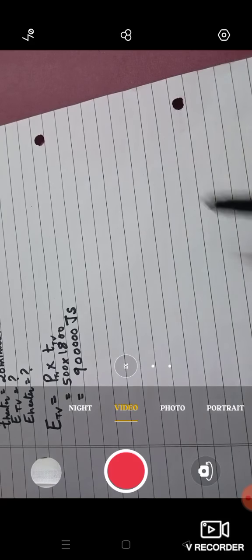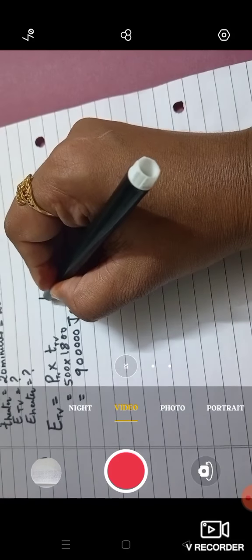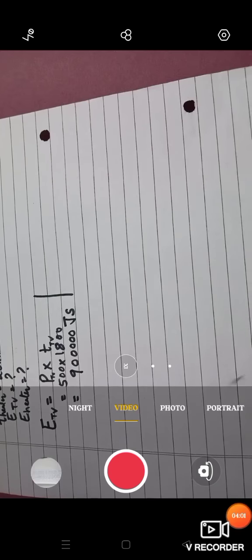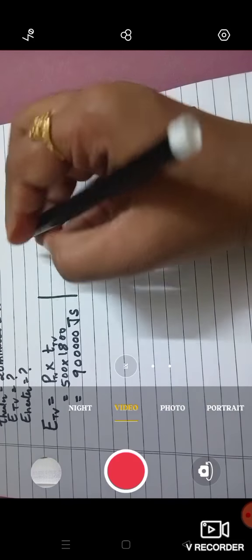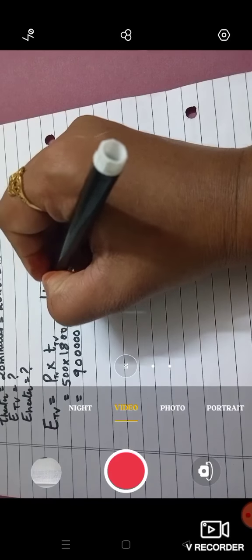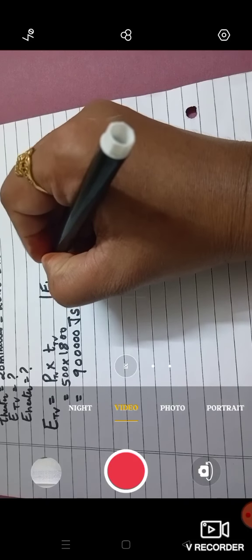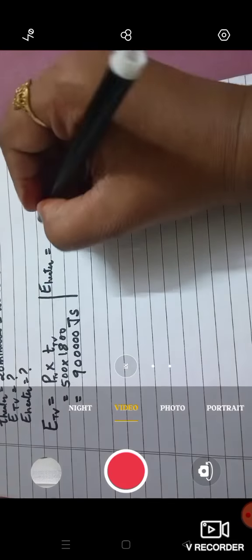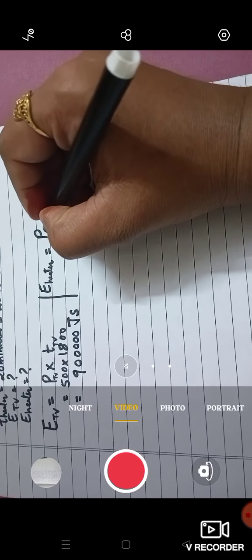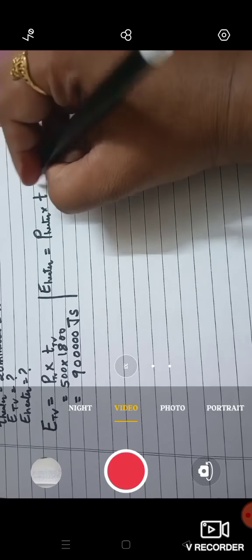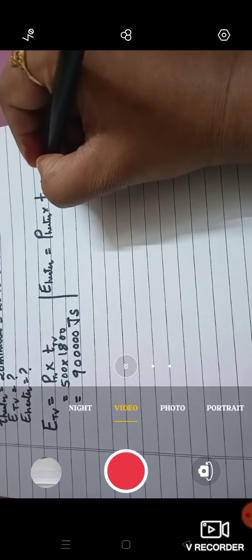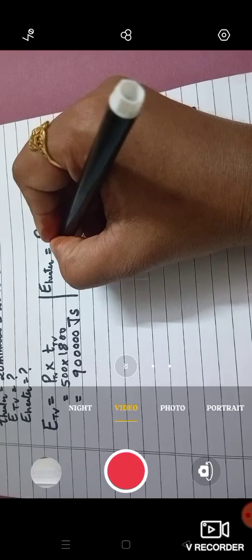In the same way, we will calculate for the heater. The power of the heater is given as 600 watt and the time is 1200 seconds. So the electrical energy consumed by the heater is equal to, the formula is the same, power of the heater into the time for which it has been used.